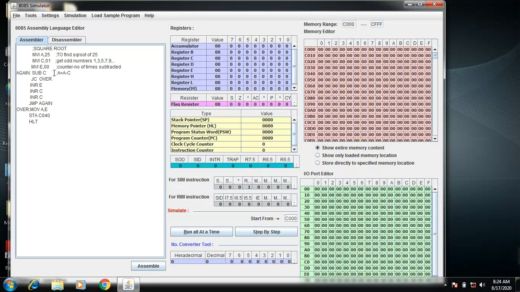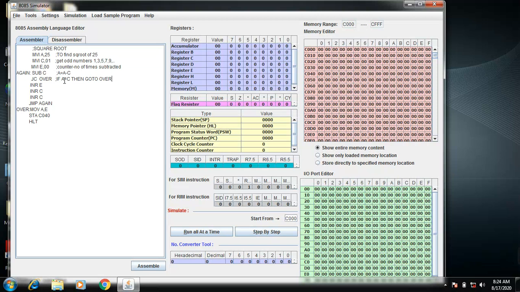Then check the condition, JC over, that is, if A is less than C, then go to the label over.